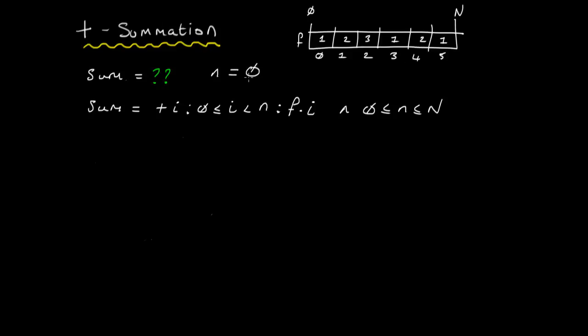So we initialize n to 0. And then, of course, that gives us the usual thing happening down here. It gives us an empty range at the beginning in our invariant, because I greater than or equal to 0, less than n, where n is 0, is an empty range.